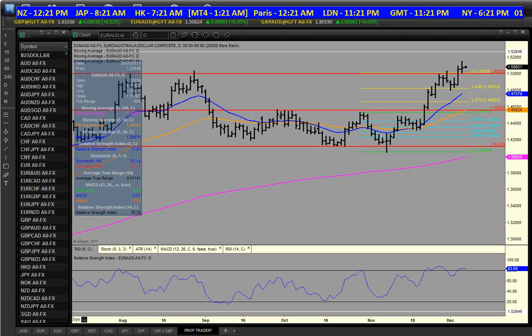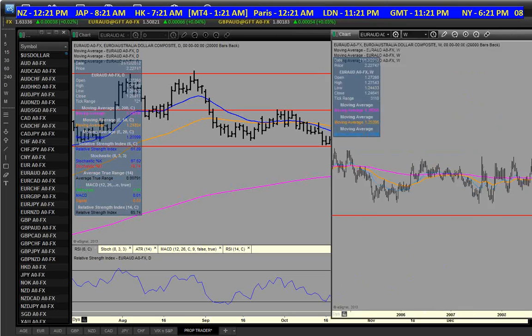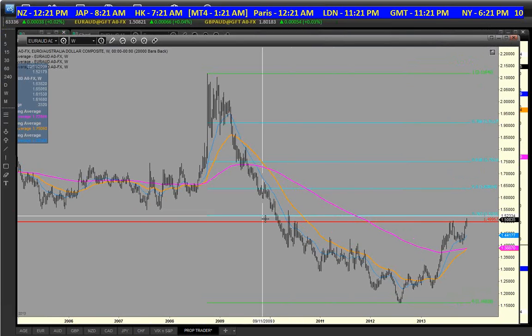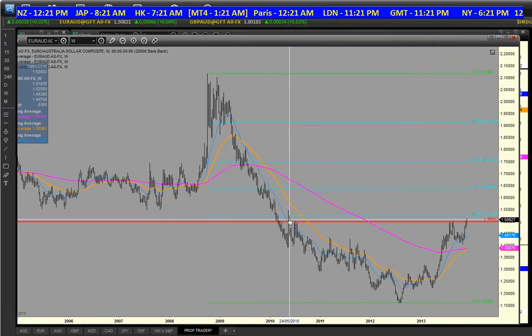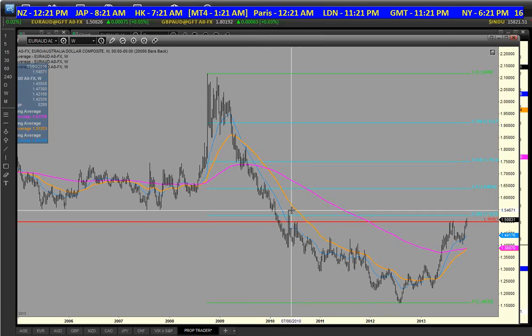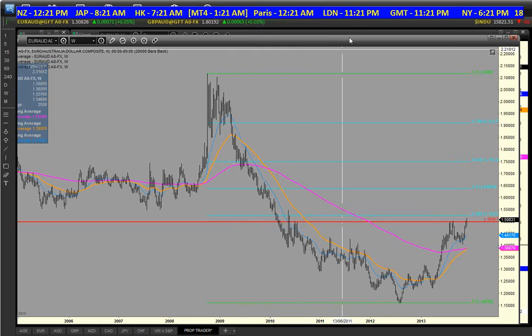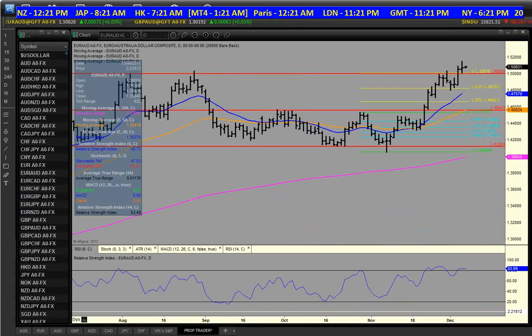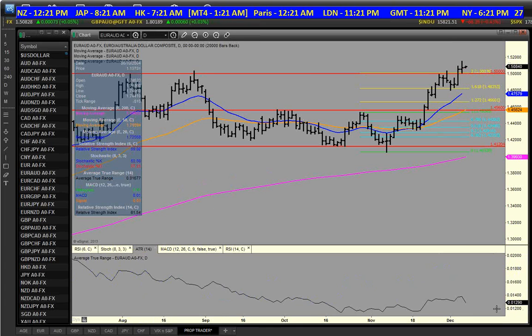There is a bit of 52.64. I've got, let me just show you that. You can see that there's a high just there on that week in 2010. This is a weekly chart, and it's also the same high as that fib, which is only 150 pips away. But you know, the average range on this thing is probably 130 at this stage, so it could do that in a day easily.